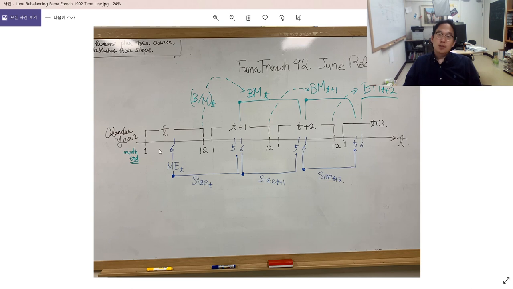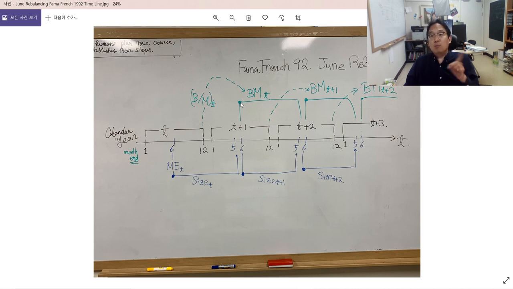We just catch the market value of equity as of the end of June each fiscal year. So size of T goes until there, size T plus 1 goes until this, and size T plus 2 like this. So based on size, we also rebalance our portfolio as of June.